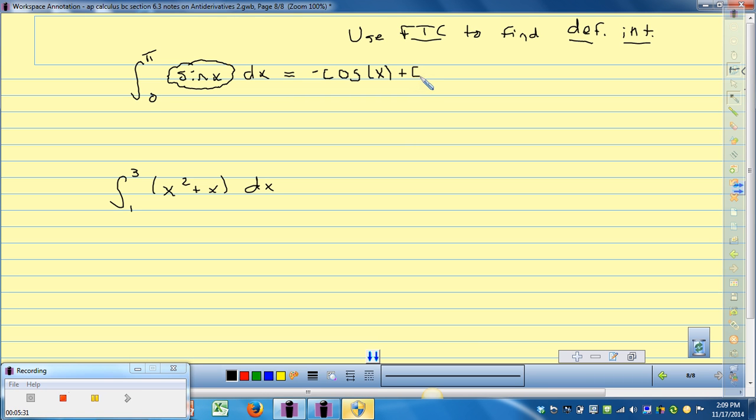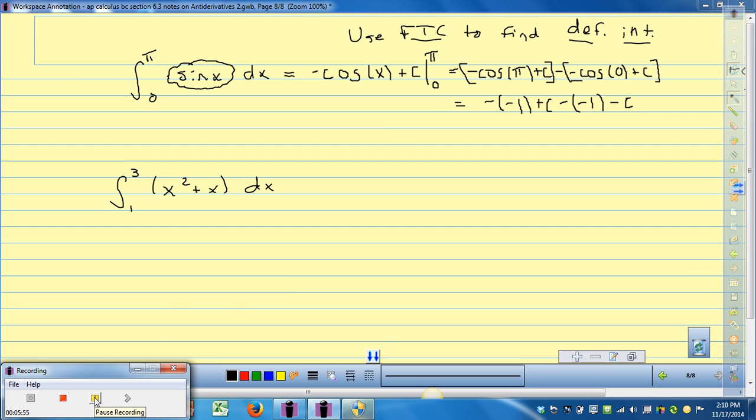And you'll see this notation where I draw a straight line, which means to be evaluated from x equals 0 to x equals pi. So now we're going to plug in pi for x, plug in 0 for x, and subtract. Okay, and when we do this, we get the negative cosine of pi plus c minus the negative cosine of 0 plus c.